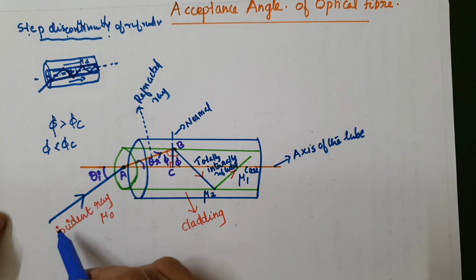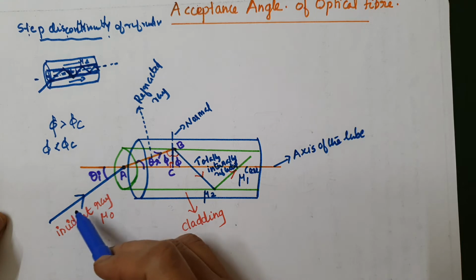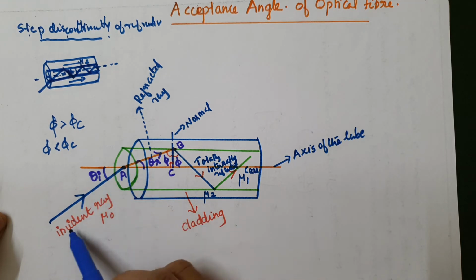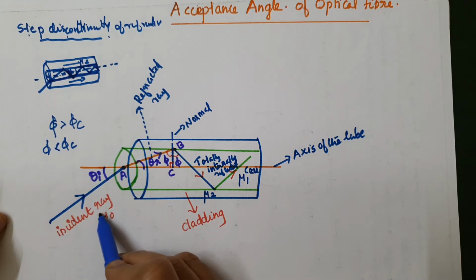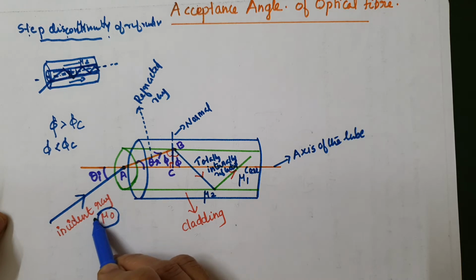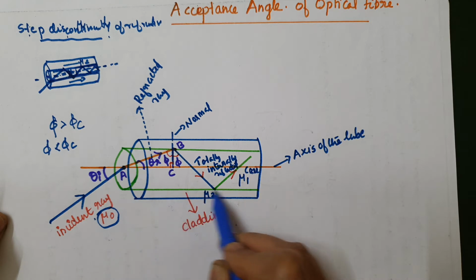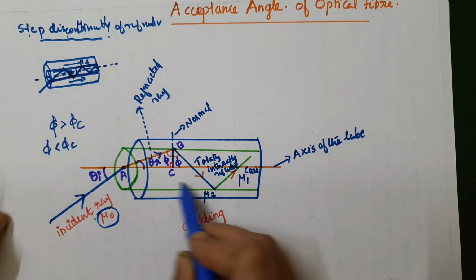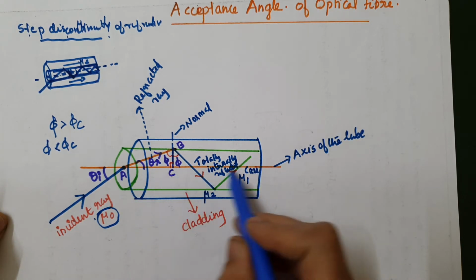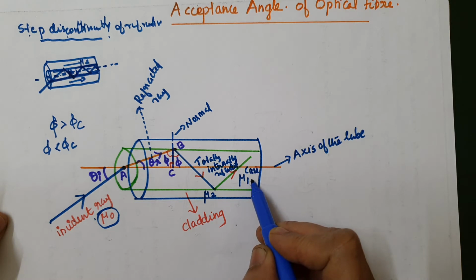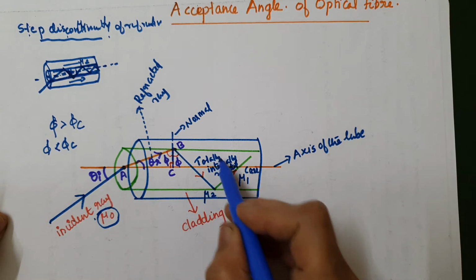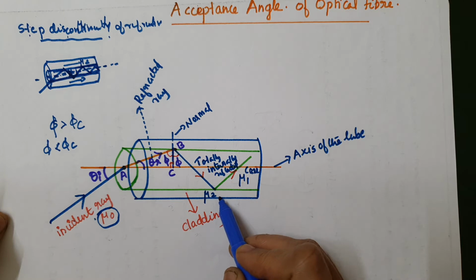Here the incident ray is moving from the air to the fiber medium. It is the air medium, and let mu0 be the refractive index of this air medium. This is the core region, and mu1 is the refractive index of the core region, and the outer region is the cladding region, and mu2 is the refractive index of the cladding region.